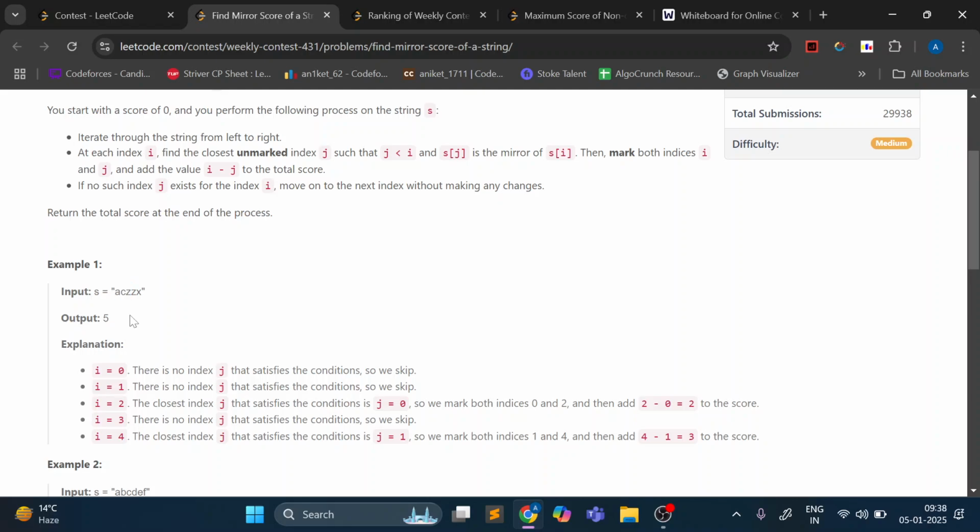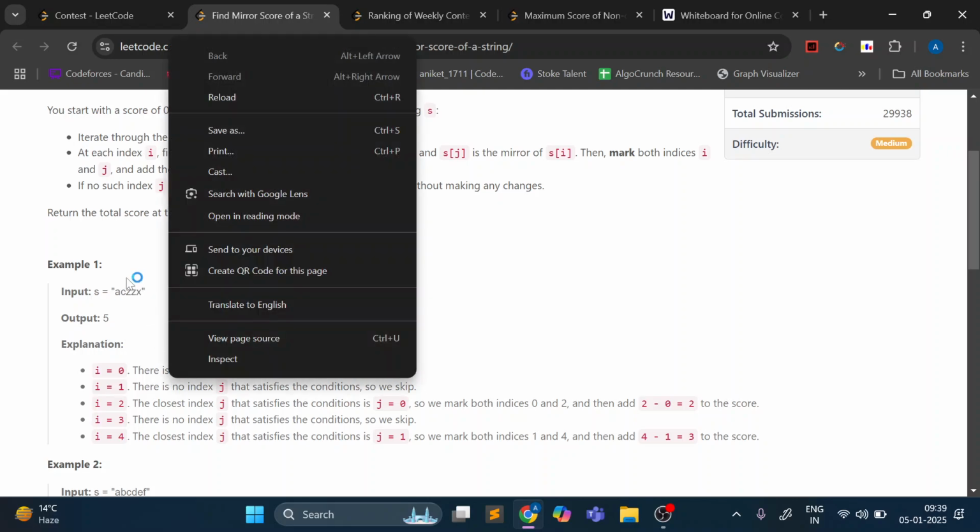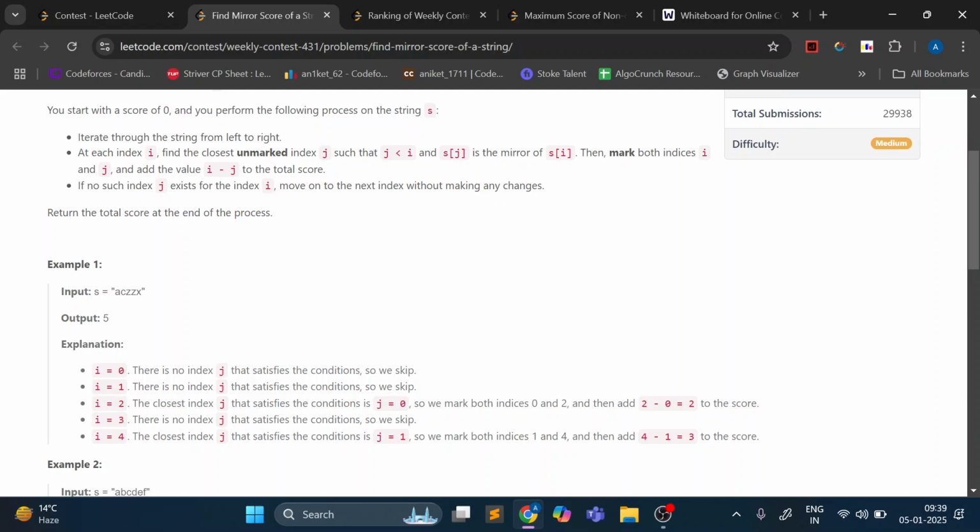So this is a sample case, ACZZX. Now for I equal to 0, there is no j before 0. A's mirror would be Z, so before A there should be a Z which should be unmarked to mark this A. Now for index 1, again for C it would be X, and there is no X previous, so we skip them.